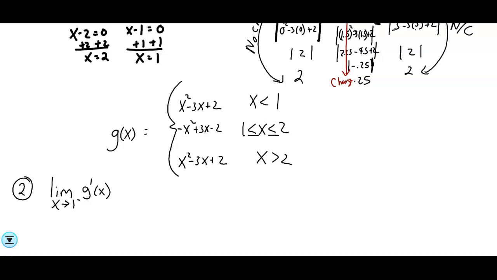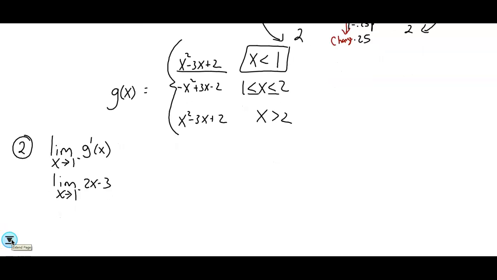Well, since I'm coming from the left of 1, that's where x is less than 1, so I would be using this piece. But mind you, I want to find the derivative this time. So I'm going to take the derivative of that piece. So the derivative of x squared minus 3x is 2x minus 3. And then we're going to go ahead and do our direct substitution there, which is going to give me 2 times 1 minus 3, which is negative 1.